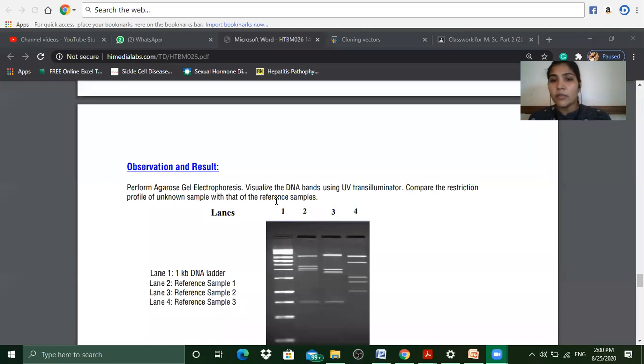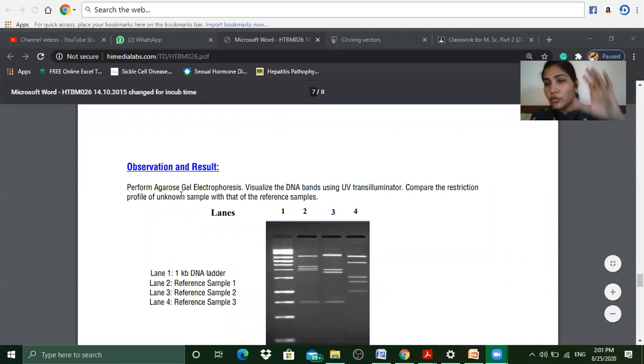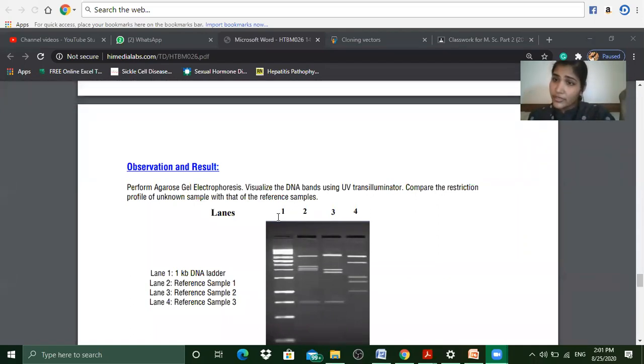Innovation is something you do in order to reduce the work of a human being, so that it can be performed in a very short amount of time. To perform this RFLP experiment, we saw the incubation period is 3 hours. After that we do gel electrophoresis, and then it runs. So for this whole experiment we literally spend the whole day, right?